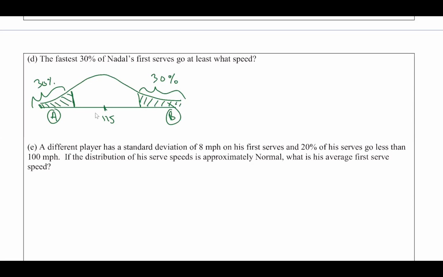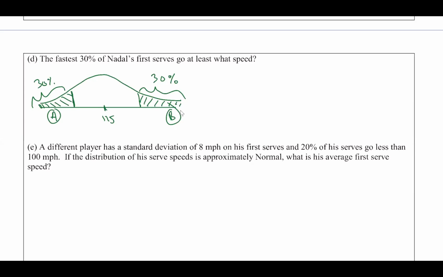So the correct answer for this one, if we want the fastest 30%, it should have been B. Because remember, the fastest 30% means it has to go faster than 115 miles per hour. A will technically be the slowest 30% of his serve. And since B is above the 115, it will be the fastest.